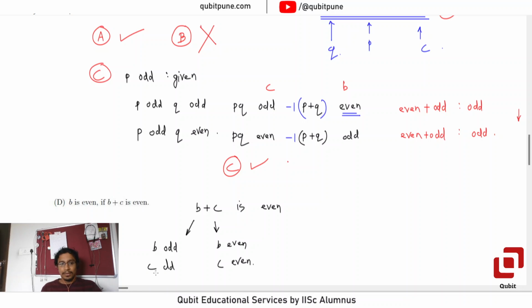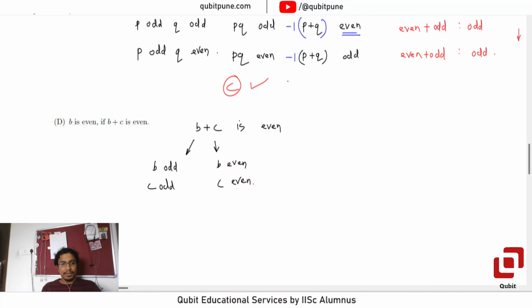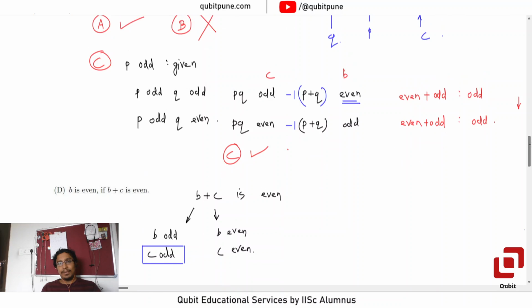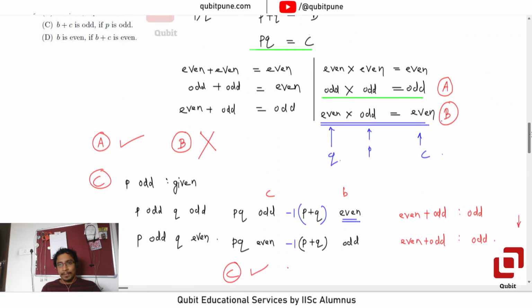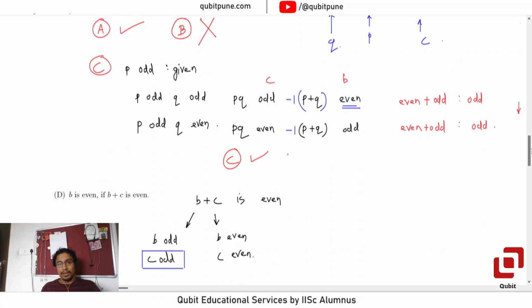Okay. Now, if we consider the possibility of C being odd, so we have to again go back to this one. है ना? We have to go back to that, which means both P and Q are odd.